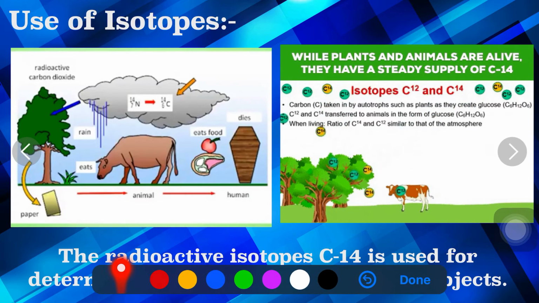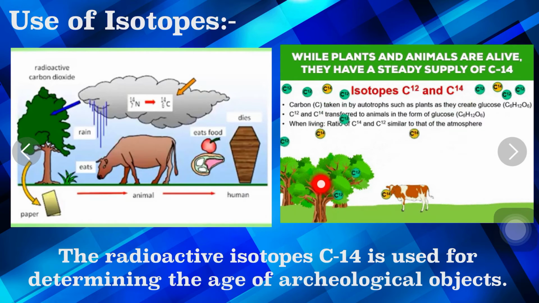When living, the ratio of carbon 14 and carbon 12 is similar to that of the atmosphere. Student, this method is called radiocarbon dating, also referred to as carbon dating or carbon 14 dating, a method for determining the age. As you know, it determines the age when they died, many years ago. So by using this method, scientists can find out their age.